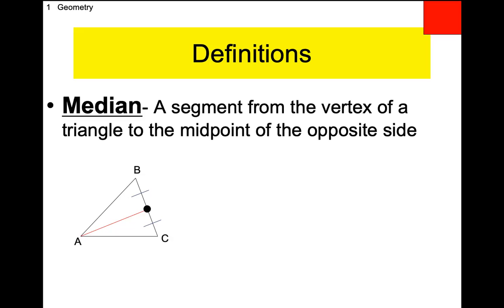Now, did I say pick a specific vertex on the triangle? So how many medians do you have to a triangle? Tonight for homework, or over the weekend for the homework, we're going to see this again. I forget what the chapter is, but I think it's one of the last ones you do for homework. They're going to have you make all the medians on one triangle. You're going to say, draw a triangle and then draw all 3 medians, and then tell me something.